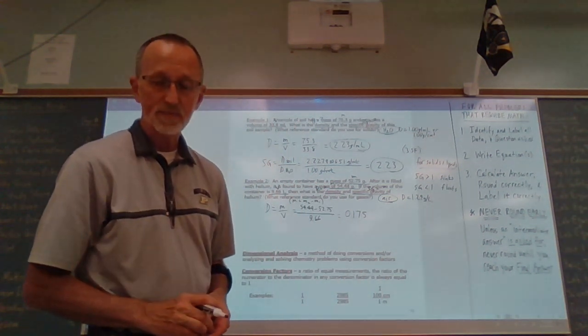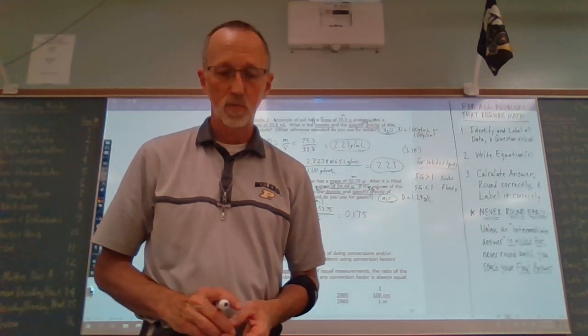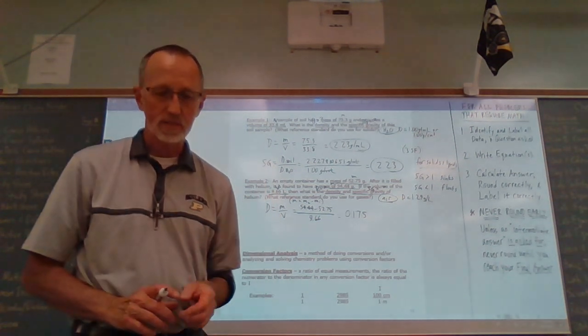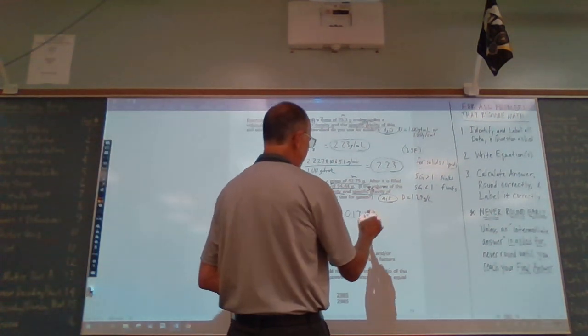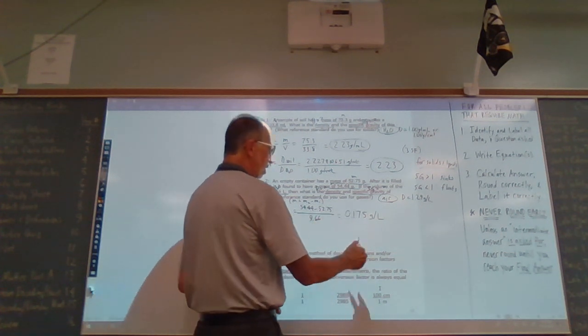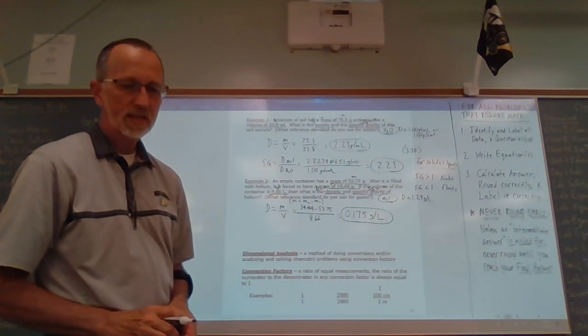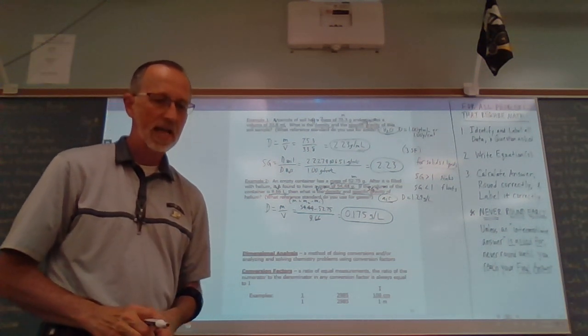It was 0.1749. All right, so it's not 0.174, it's 0.175. That 9 rounds it up. And this is grams per liter now. Remember, this is in liters. So that's 3 sig figs, because we divided last.